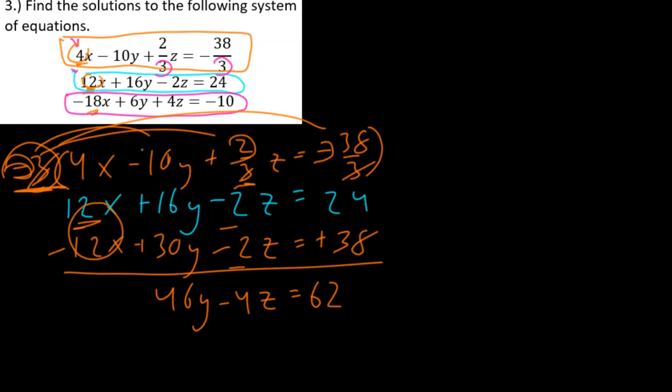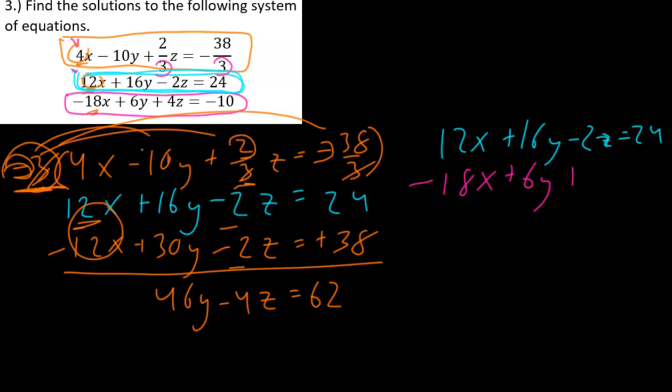Okay, now I told y'all we also want to take our second equation. We're now going to take this 12x plus 16y minus 2z is equal to 24, and we're going to somehow use that to cancel out our third equation, negative 18x plus 6y plus 4z is equal to negative 10.